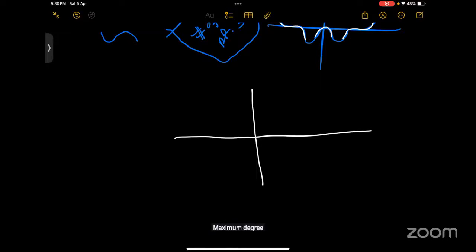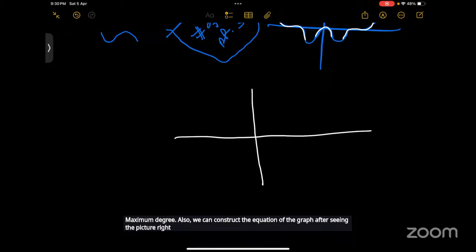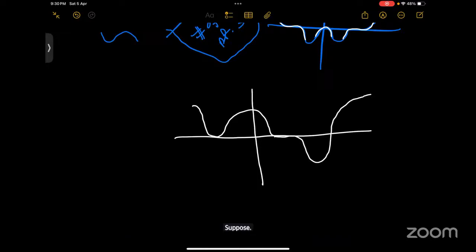Also, we can construct the equation of the graph after seeing the picture, right? And we know how to do it. So just to recall, suppose this is our graph. This is minus 3, 1, and this is the origin.